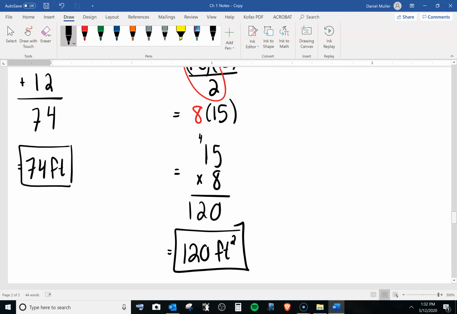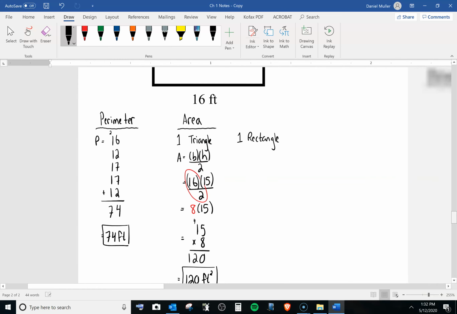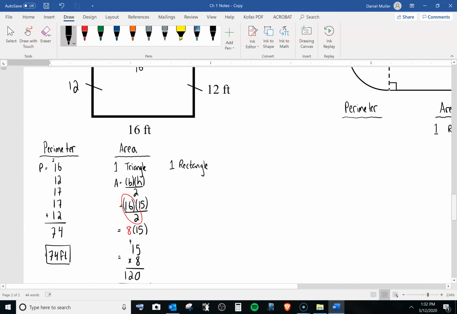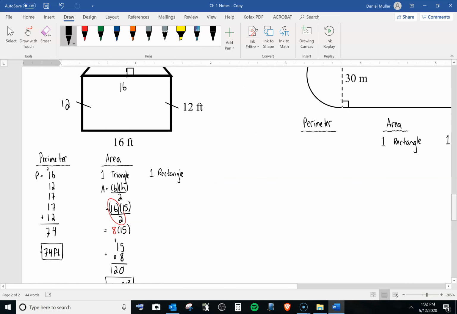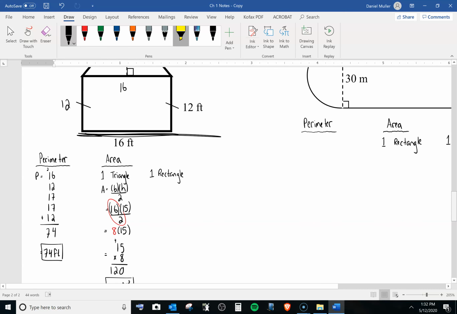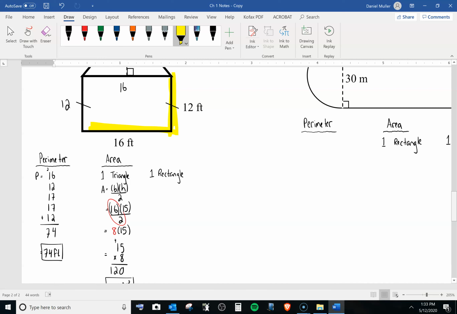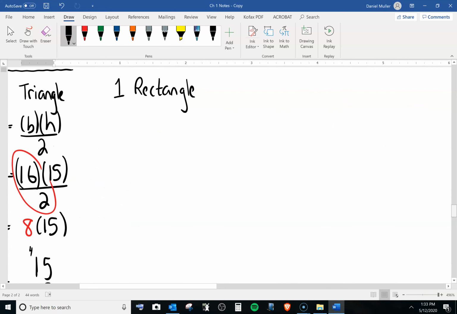Now that's not it, but that's the first part. That is the top of this thing, which I guess kind of looks like a house maybe? Yeah. The rectangle is just base times height, and my rectangle here, I got a base of 16 and a height of 12. So 16 times 12, area equals base times height.